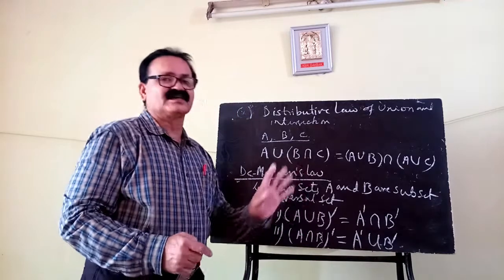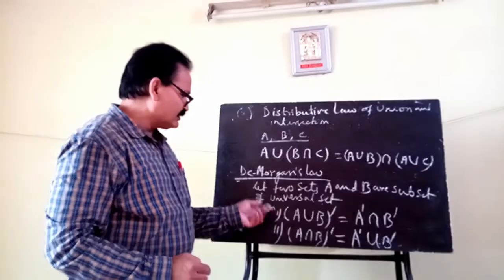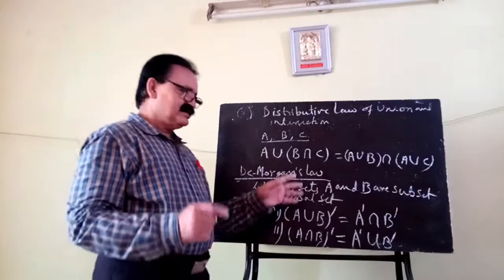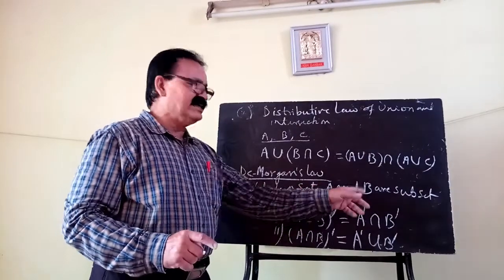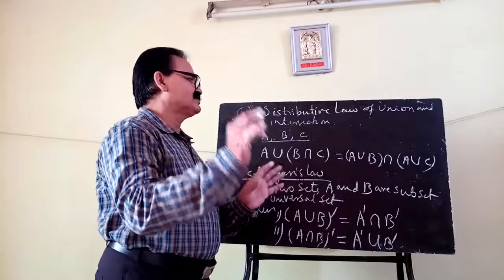These two are De Morgan's laws. The condition is that set A and set B must be subsets of the universal set.